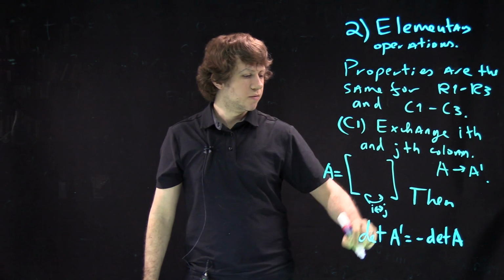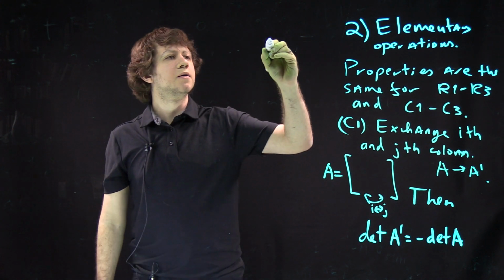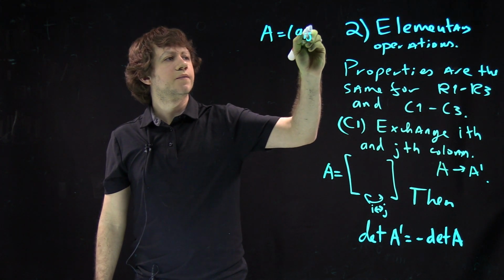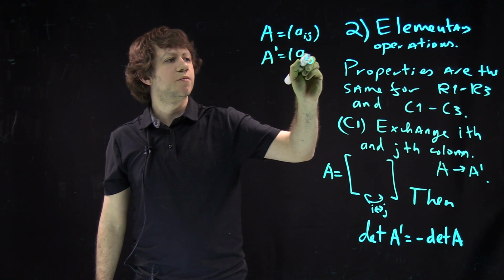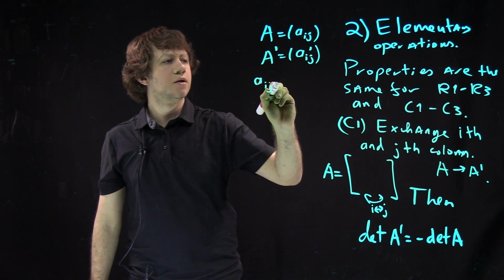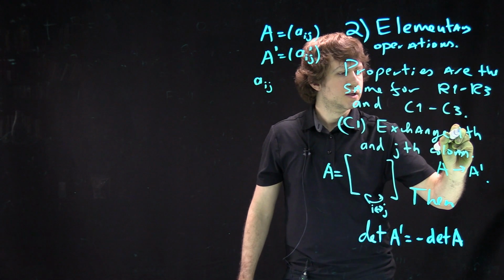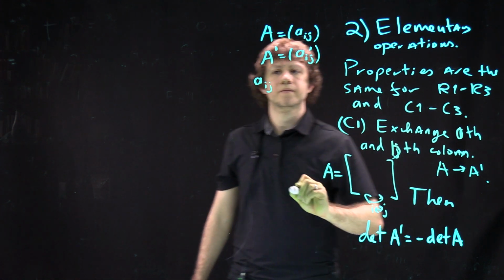So let's suppose we have A with entries Aij, and we have A prime with entries Aij prime. Let me exchange not the i-th and j-th, but the a-th and b-th column.